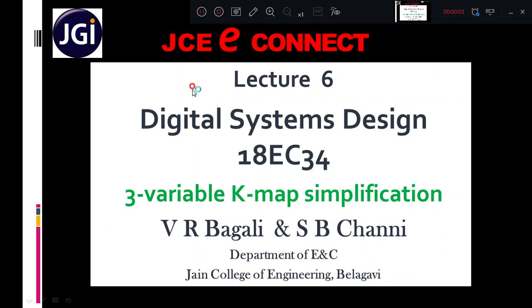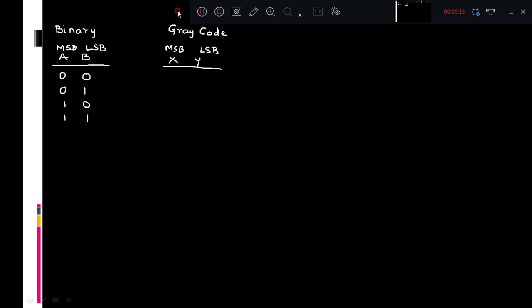Welcome to class students. In this class we are discussing a three variable K-map simplification. If you observe a binary two inputs A, B, A is the most significant bit, B is the least significant bit.